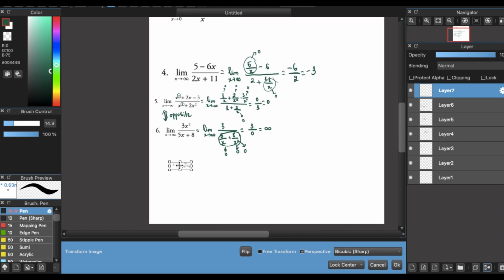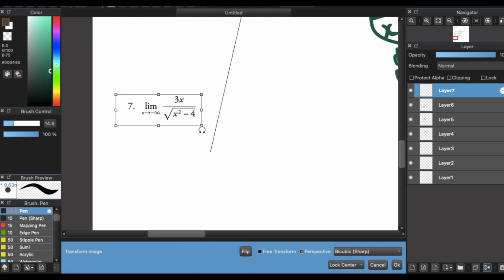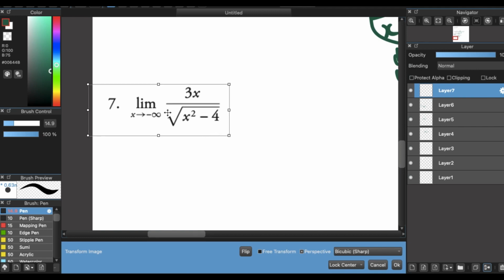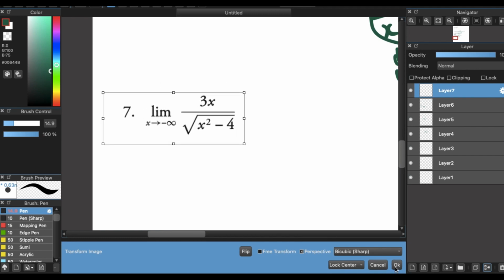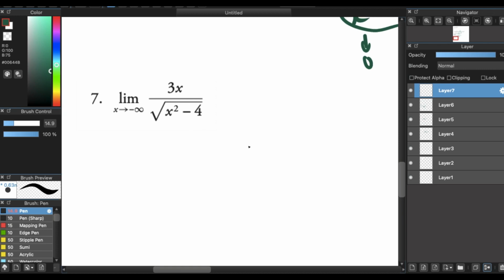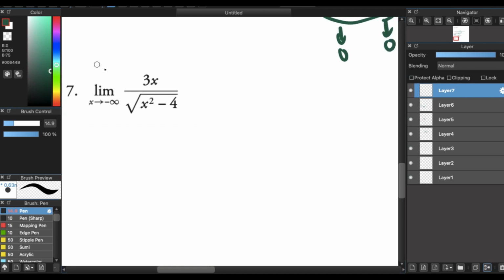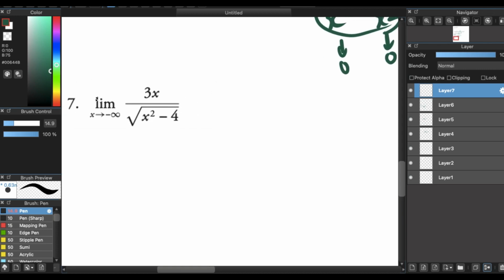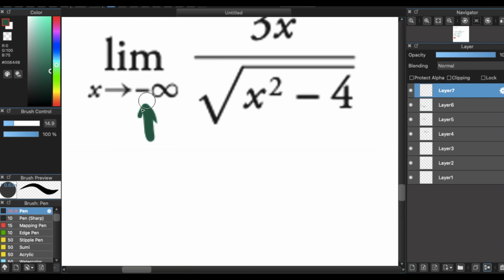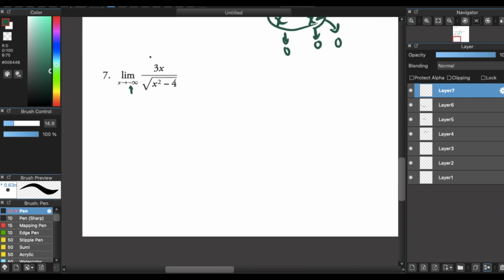I'm sorry if this looks a little bit messy. x is decreasing. And so for this, it's really important that you take a look. You should be cautious and take a look at this minus symbol.